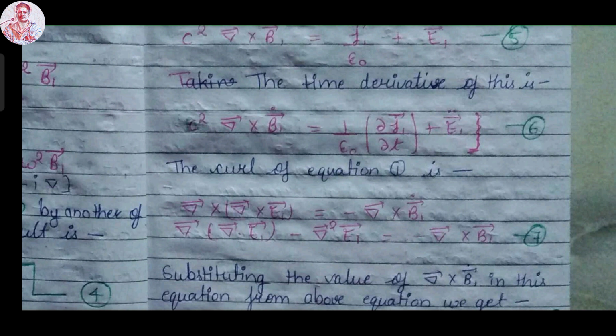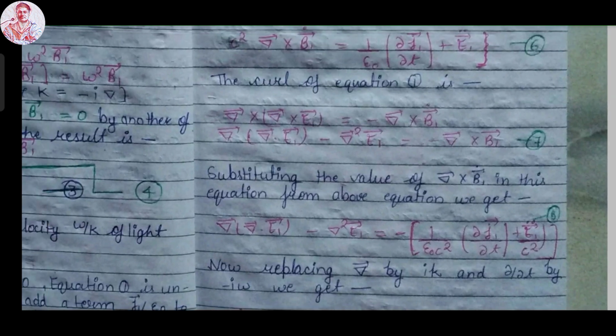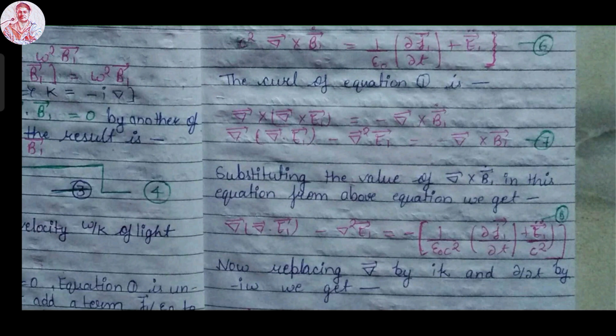Now we have substituted the value of vector del cross B in the equation, and it becomes del into del dot vector E minus del square vector E is equal to minus 1 over epsilon naught c square del j by del t plus double differential of vector E by c square. Let's take this as equation number 8.